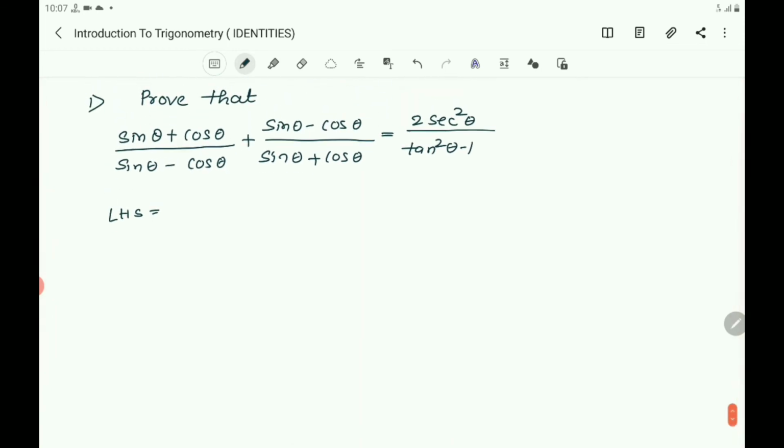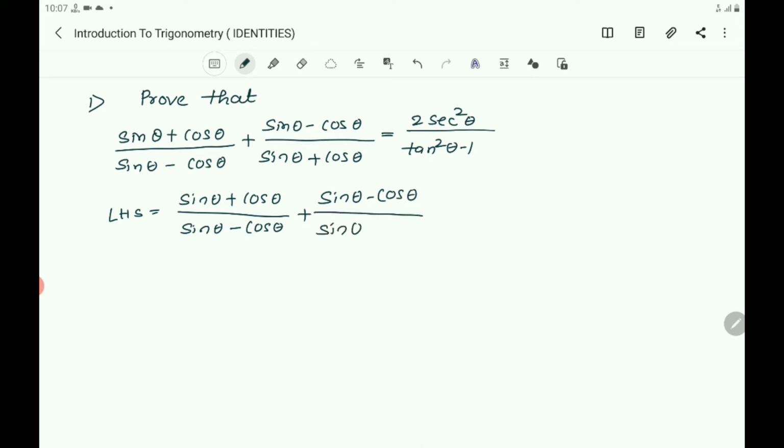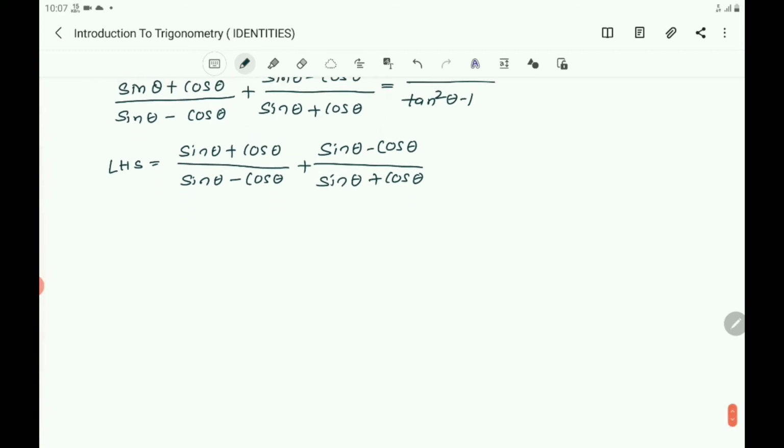LHS equals sin theta plus cos theta by sin theta minus cos theta plus sin theta minus cos theta by sin theta plus cos theta.